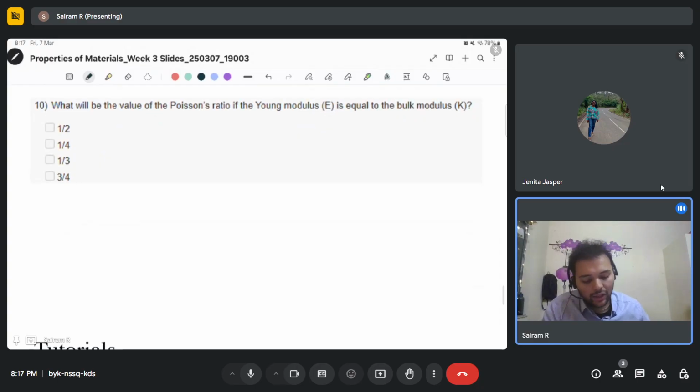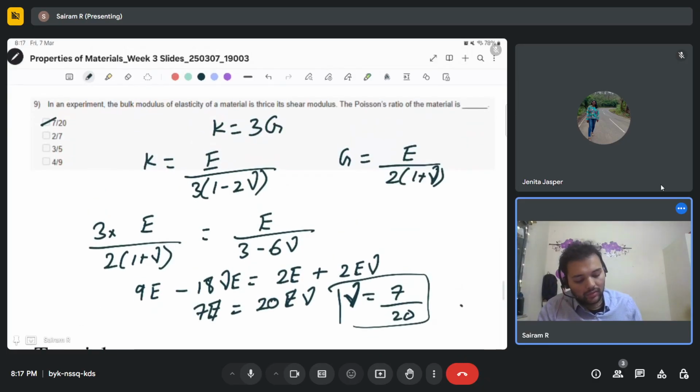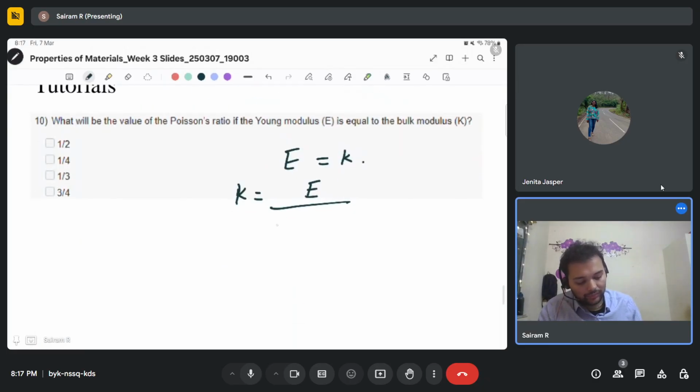What will be the value of the Poisson's ratio if the Young's modulus is equal to the bulk modulus? We saw that K equals E by 3 into 1 minus 2 nu. If K equals E, then this becomes 1.